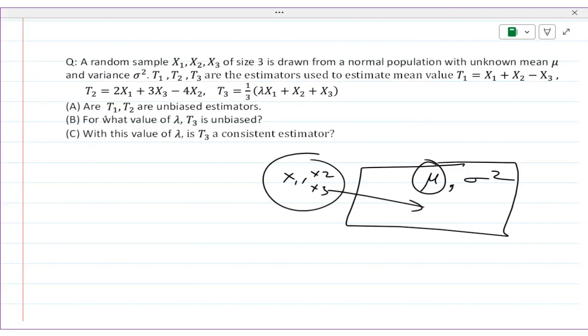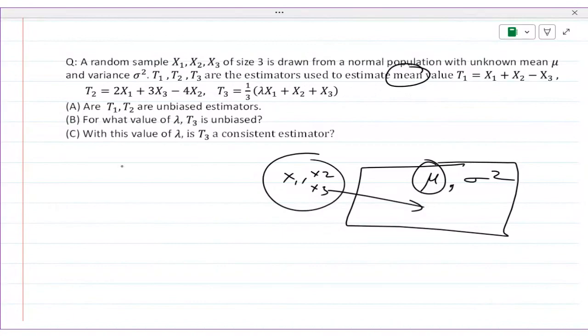So first they are asking whether T1 and T2 are unbiased estimators. Since these are used to estimate the mean, we have to check whether they are unbiased estimators of mu.